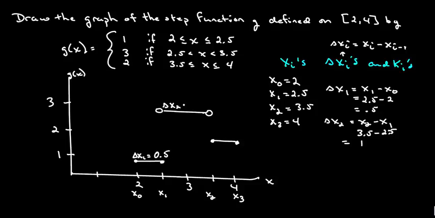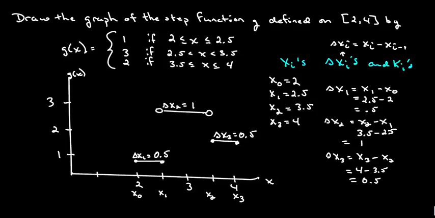Delta x2 is equal to a length of 1. And now delta x3 is equal to x3 minus x2, just like that. So this is going to be 4 minus 3.5. I'm just getting these numbers from here. So that is 0.5. So delta x3 is 0.5. It's just the length of these lines, right?